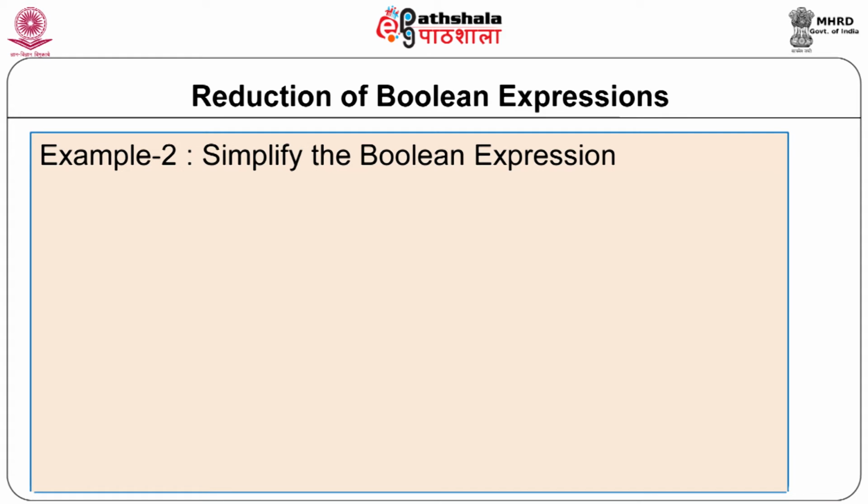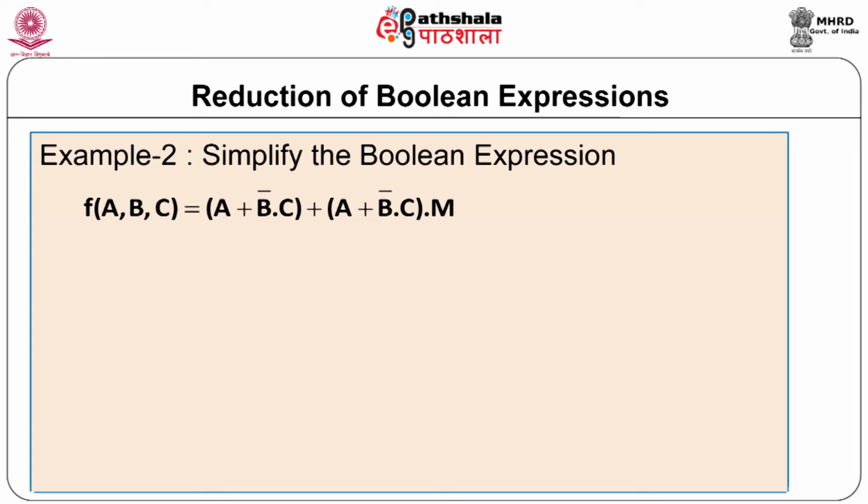Let us consider the next Boolean expression, which is once again a function of 3 variables a, b, c. But in addition to that, we are considering m as an additional variable. So, in the first line, we have (a OR b bar c) bracket complete OR (a OR b bar c) bracket complete ANDed with m.